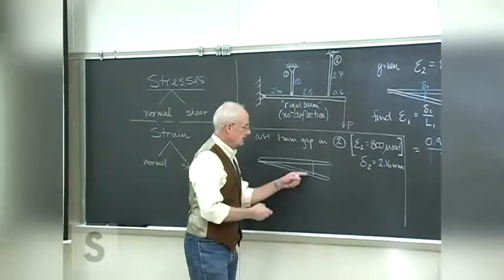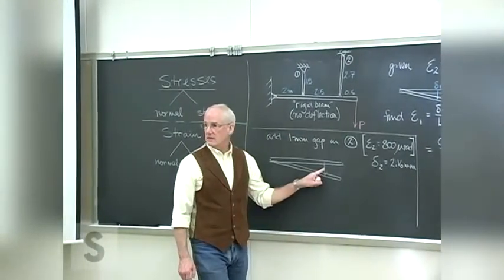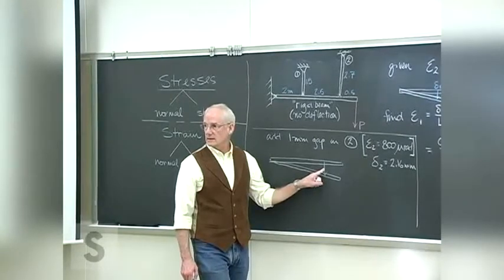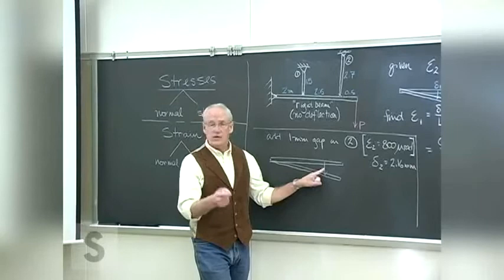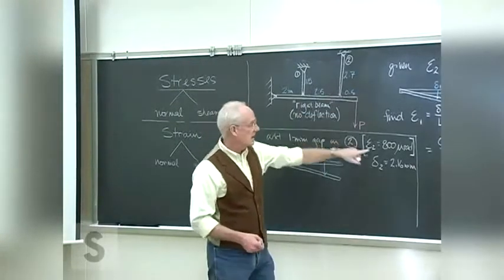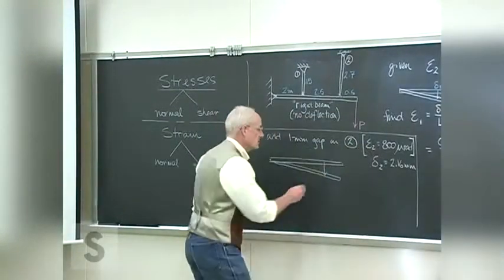What, however, is the deflection of the connection point? 1 millimeter more, because it's going to move to take up the slot, then it's going to start straining this piece up to the strain we found in the first place.